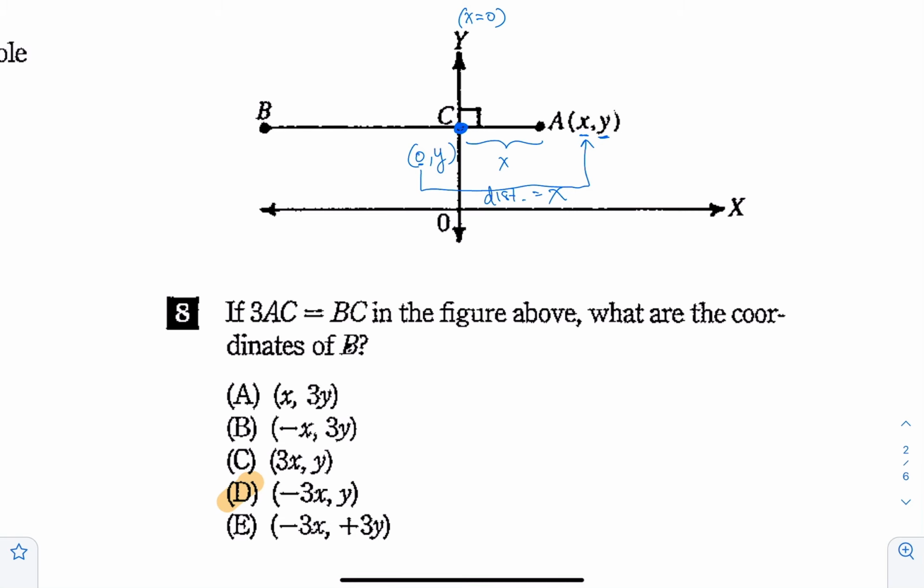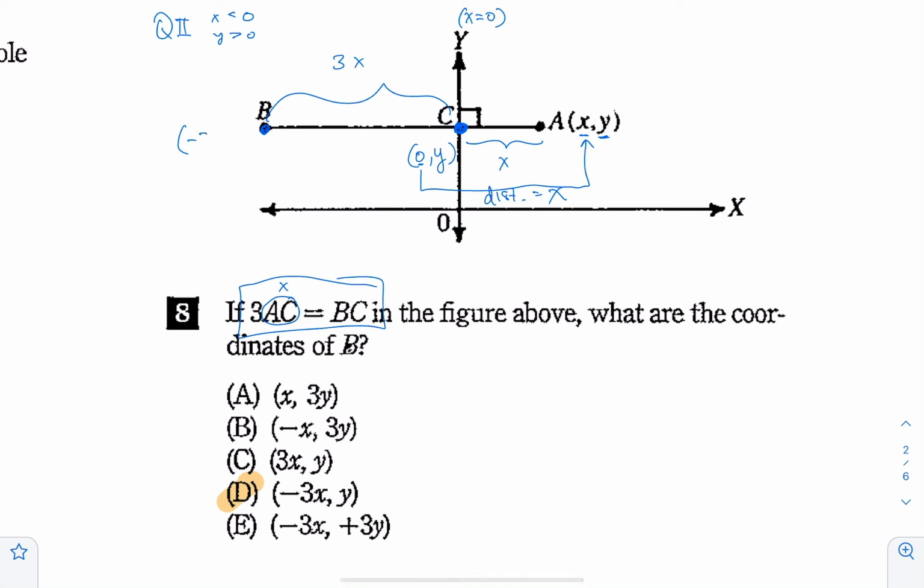So if 3 times AC is equal to BC, that means that BC, this length here, will be 3 times AC. And AC, call that x, so BC will be 3 times x. So to figure out the coordinates of B, which has an x value that is 3 times bigger, but it's in quadrant 2. And in quadrant 2, x's are negative, while y's are positive.